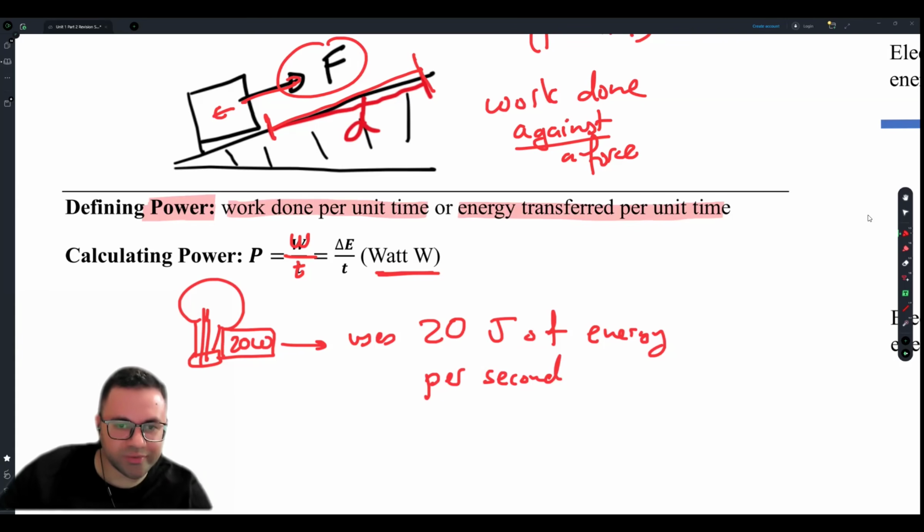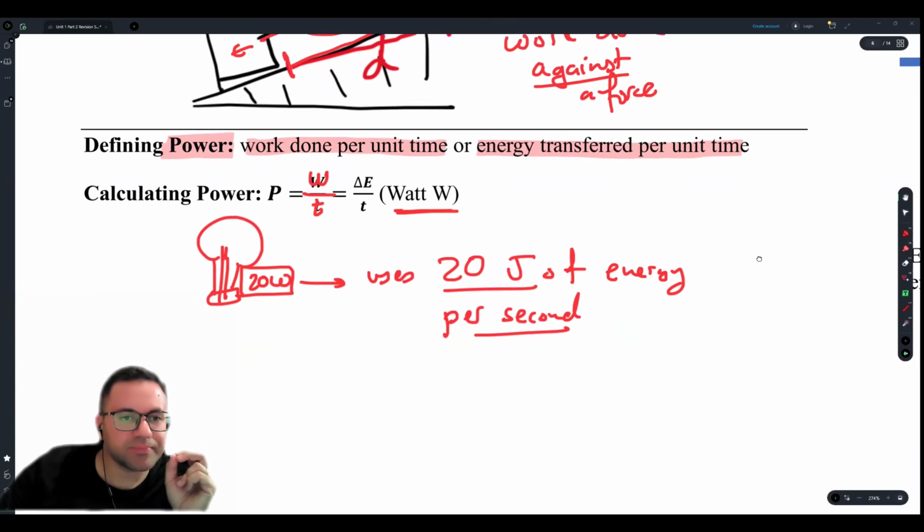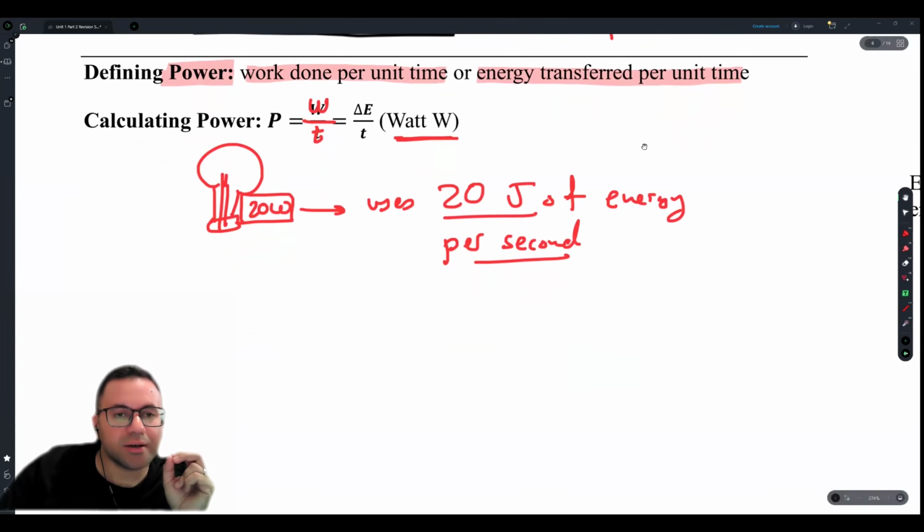That's what a watt means. So power is just work done over time, or just energy over time. That's not hard.